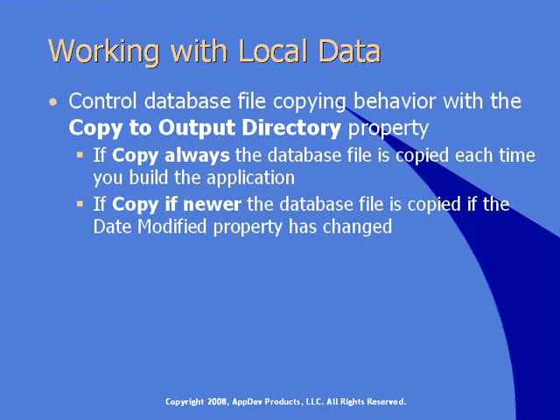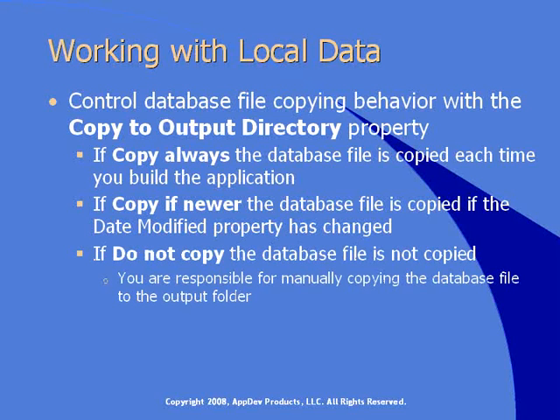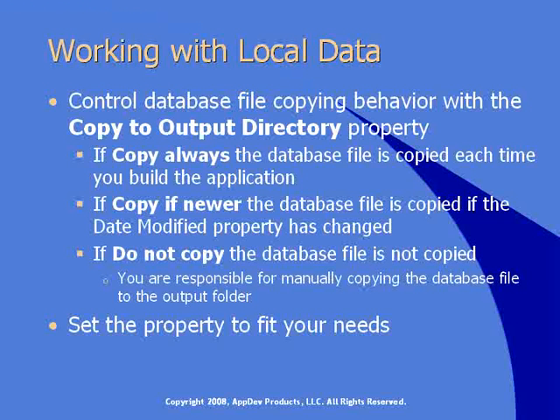Or you can set this to copy if newer, and then the database file will only be copied if the date modified property has changed. Typically, that will be if you made changes to the database, although apparently the date modified property can change even if you haven't touched it. And the third option is to set this to do not copy, and then you're responsible for copying the database file if needed. The key here is to understand what's happening and then use the copy to output directory property in the way that meets your needs.